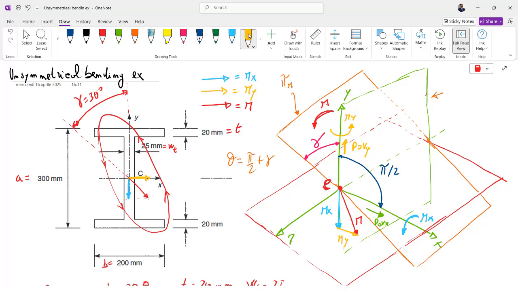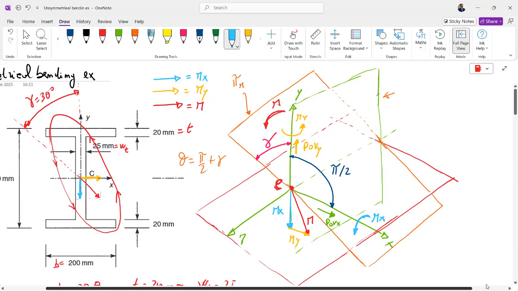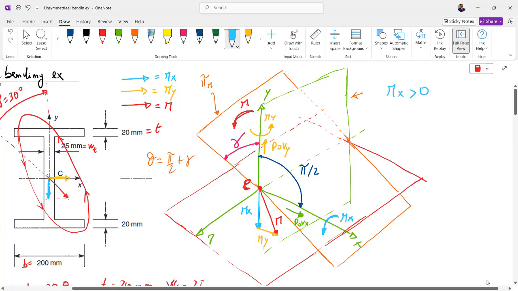So in the first case, from the point of view of x, I see a moment Mx that is clockwise. For the convention that we studied in the previous lectures, this moment is clearly positive. So Mx is greater than 0, because seen from the point of view of x, this moment Mx is clockwise.